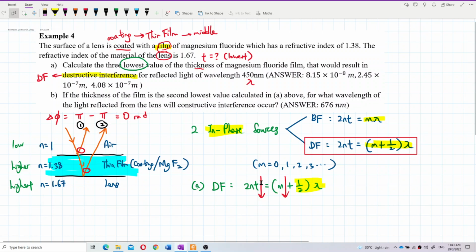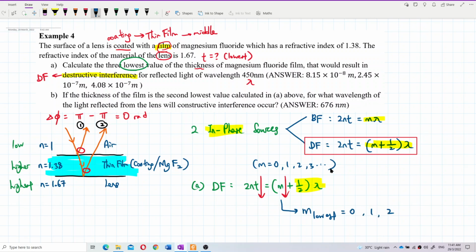So since you want the lowest thickness, your order needs to be lowest also. So the order can start from 0, no need to start from 1. So lowest means I need the lowest one, which is 0, 1 and 2.